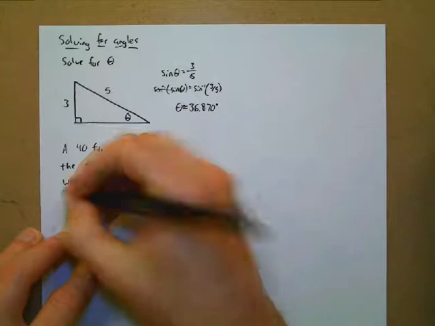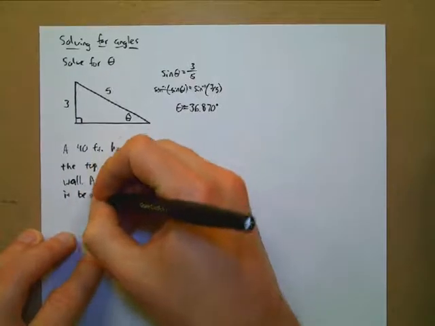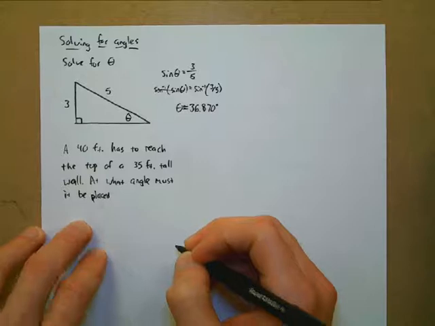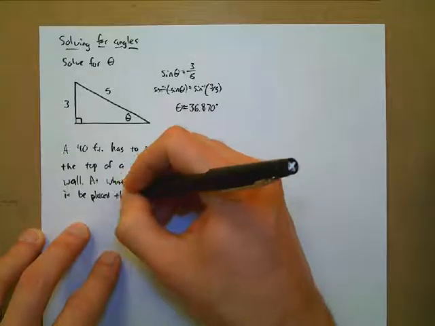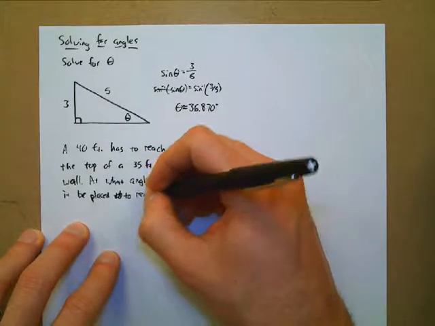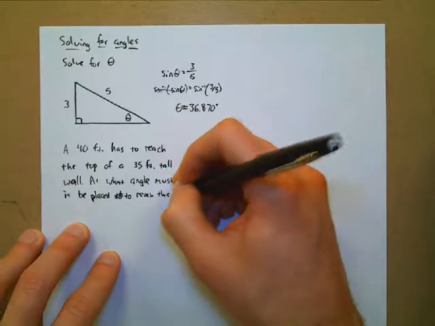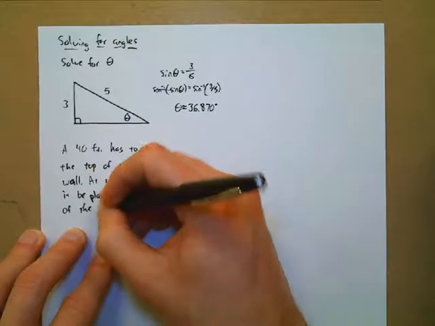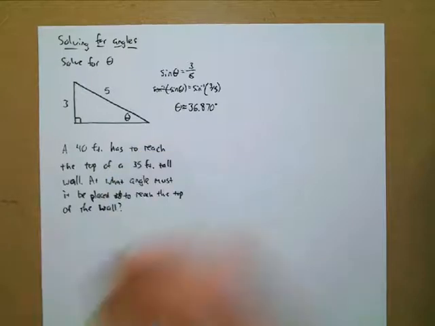Okay, so there's the ground. Here's our wall. Maybe it's like the wall of a building. Okay, it's a really tall building though for 35 feet. Alright, and there's our ladder.